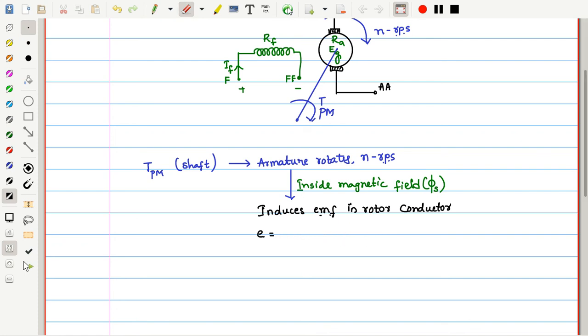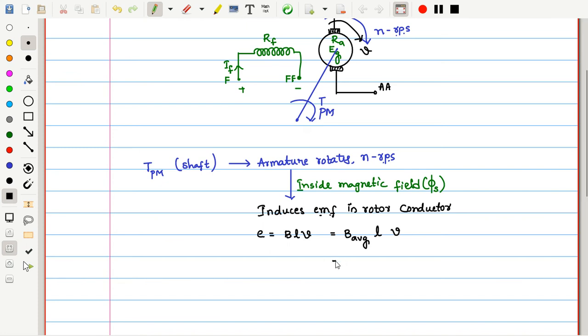The induced EMF will generally be BLV if the conductor is rotating at a velocity of V. So the induced EMF generalized formula is BLV.